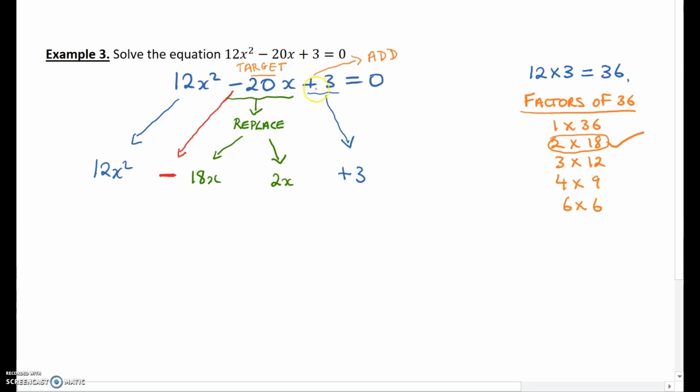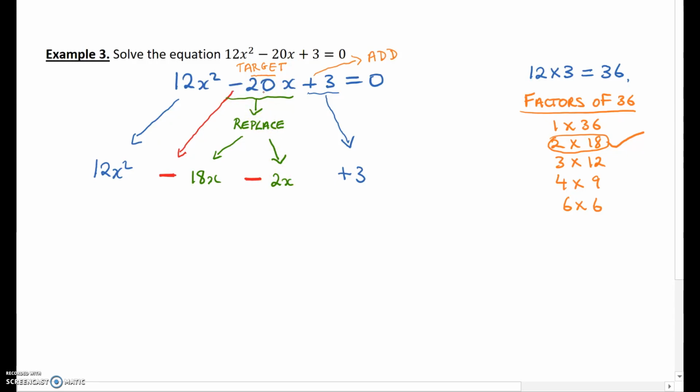A plus at the end tells us that the two signs we're going to use are going to be the same as one another. So if we used a minus already, we need another minus here. And we can confirm by checking: minus 18x plus minus 2x should give us minus 20x. And it does. So that confirms that we're right.